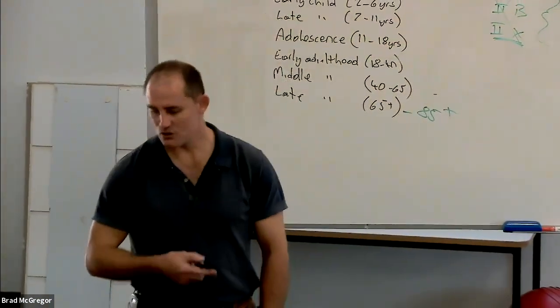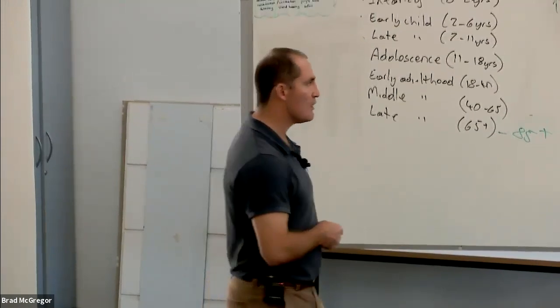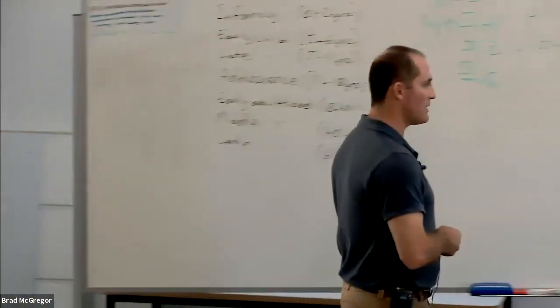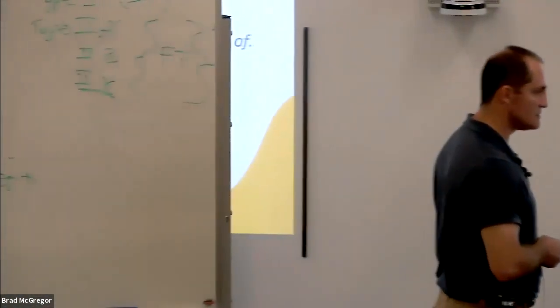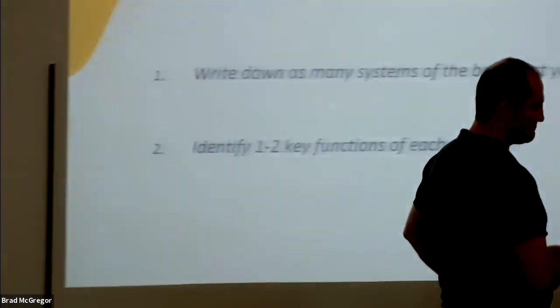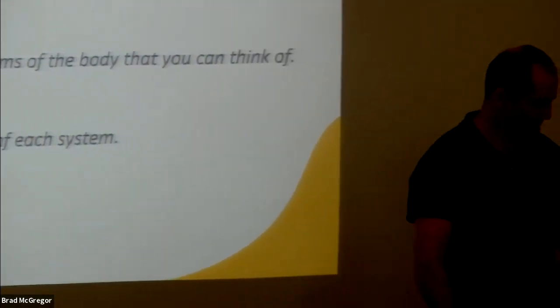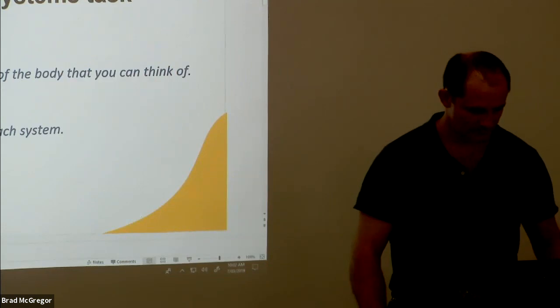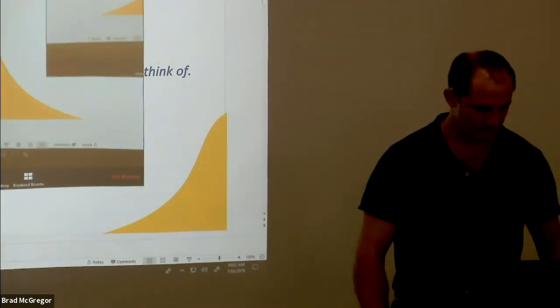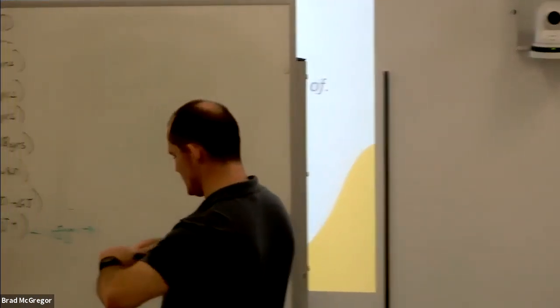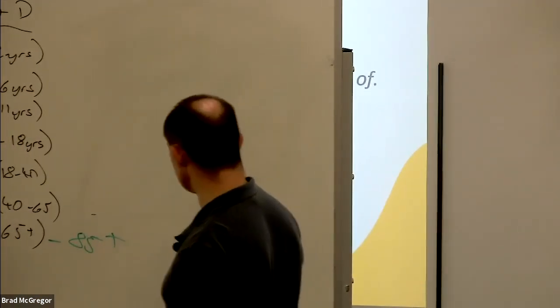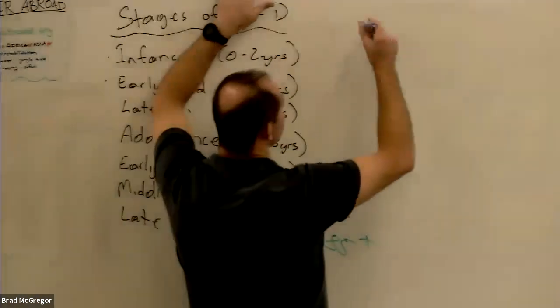So I want you to quickly jot down as many that you can think of, along with 1 or 2 functions of each. Don't stress if you haven't quite finished yet. But I want you to start calling out some of those 11 systems of the body.